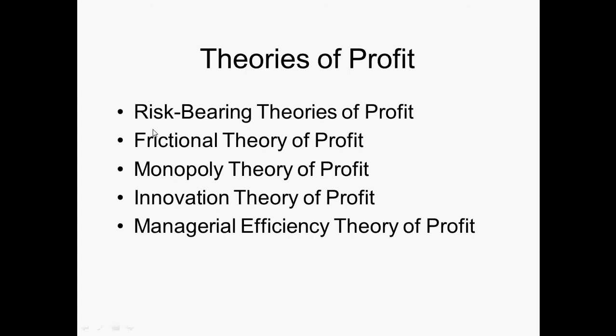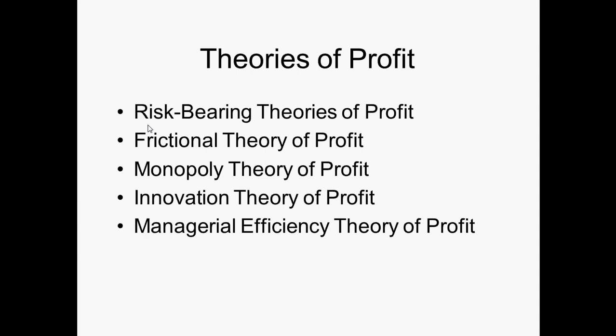One theory is the risk-bearing theory of profit. It says that the reason some types of businesses or particular firms are making more than others is that they're pursuing riskier strategies, and investors have to be compensated for that risk. That risk isn't always easily observable. You can observe the volatility of asset prices, but you can't necessarily observe the risk on any particular project, or for a privately owned firm, or even for public companies.